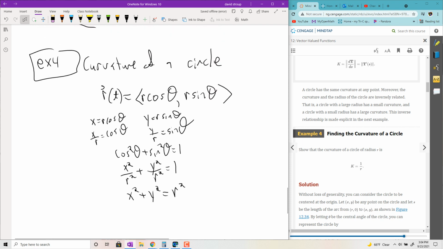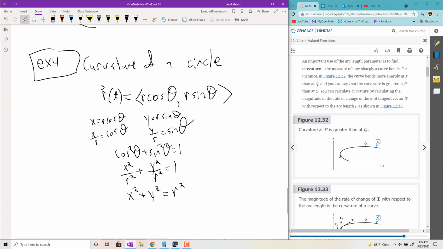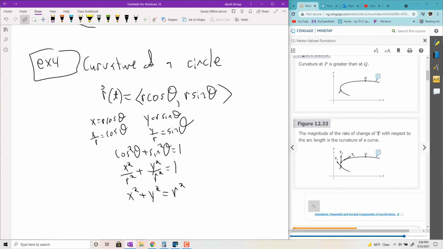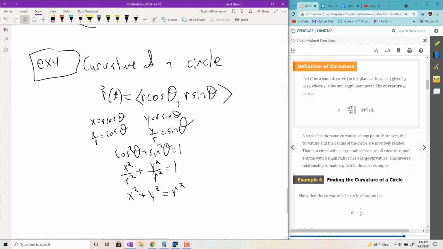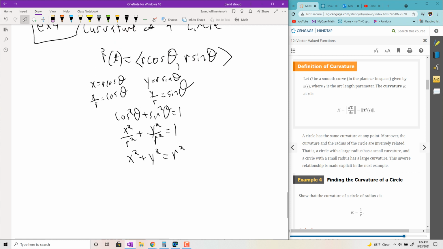We want to find the curvature of this thing, and we have a boatload of formulas we can use to pull this off. Sure, let's get the thing in terms of s. Remember, we could figure out s of t by integrating from 0 to t.